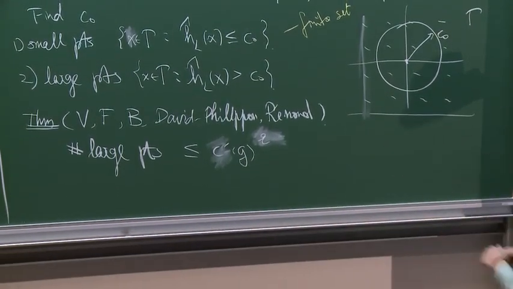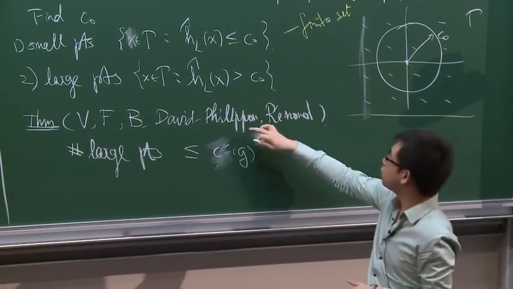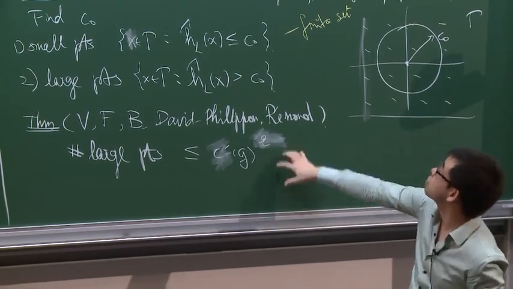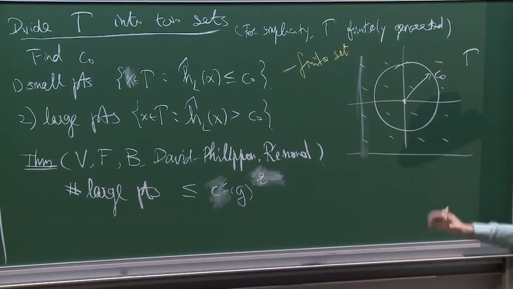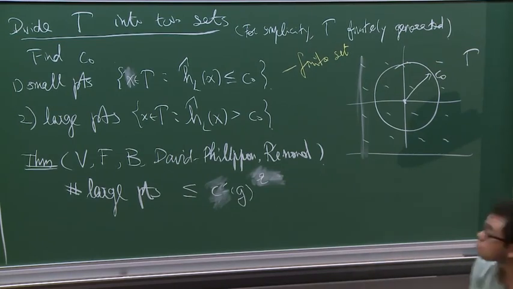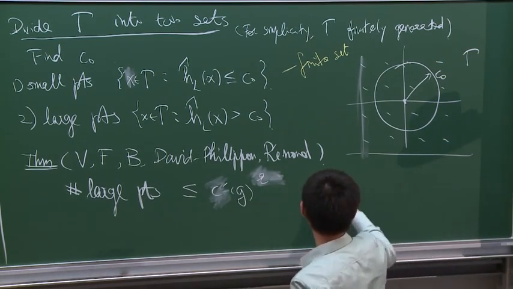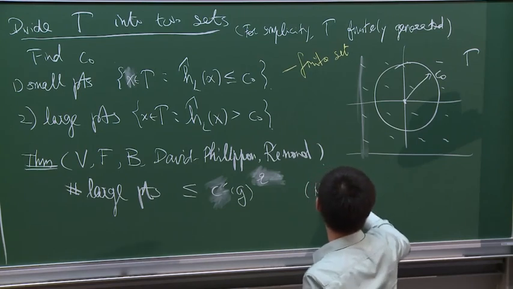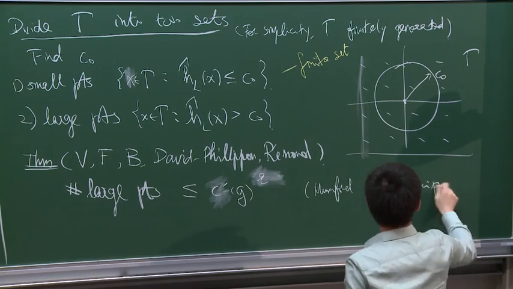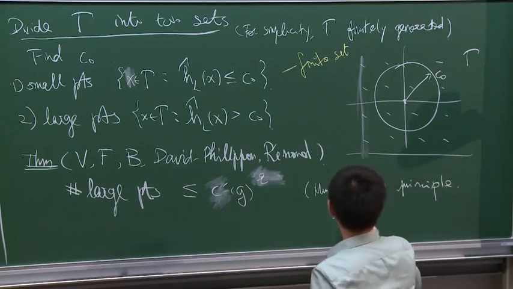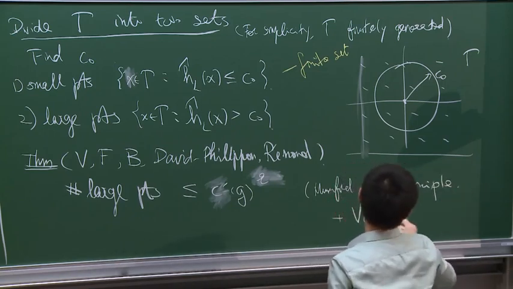And David, Philippon and Rémond also proved this result for finite rank subgroups, so that this part actually works also for finite rank subgroups. And they prove it using the Mumford gap principle, plus the so-called Vojta inequality.